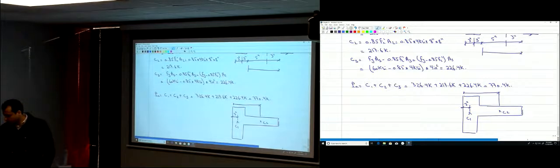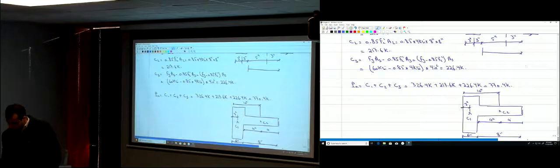It's 4 plus 6, 10. So where did I get this 10? This distance over here is 6 inches, and this one over here is 8 inches. So C2 is right in the middle of the 8 inches, so that's 4 inches and 4 inches. So 4 plus 6 is 10.